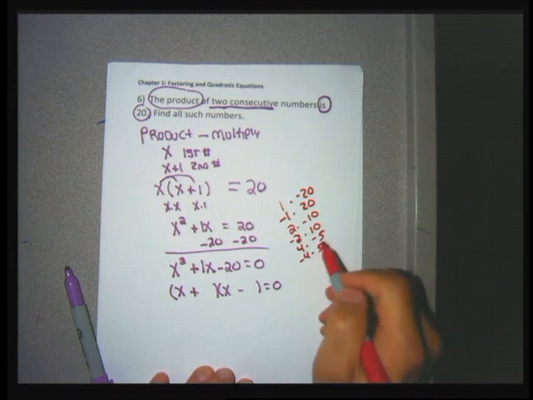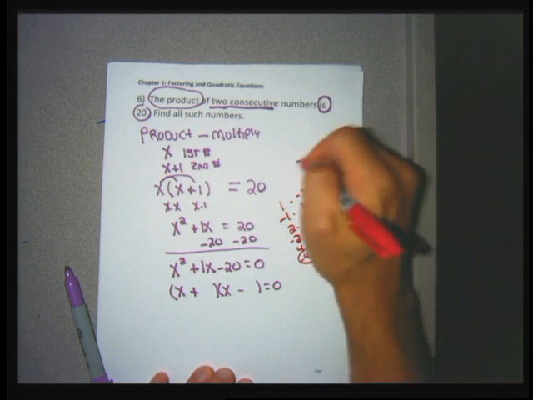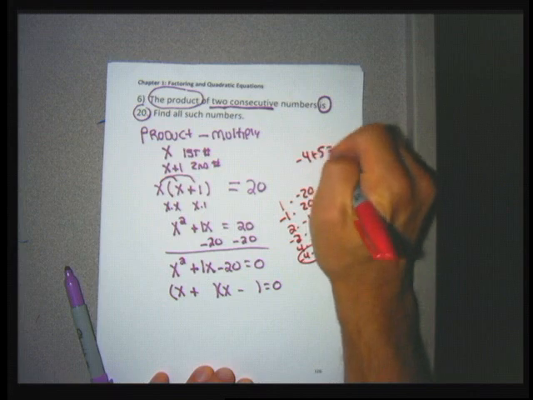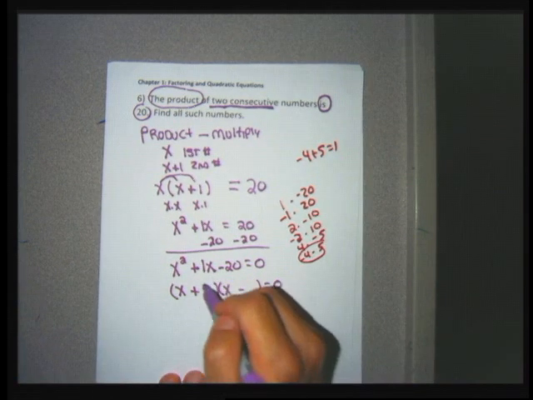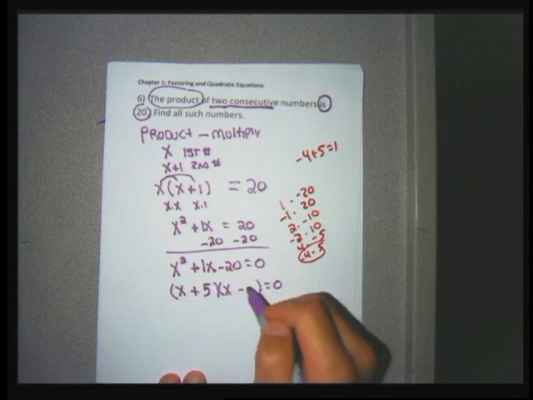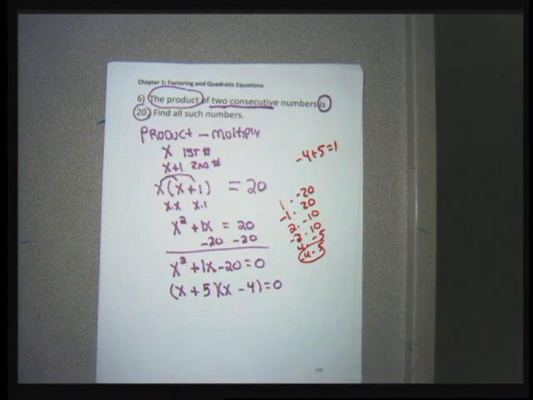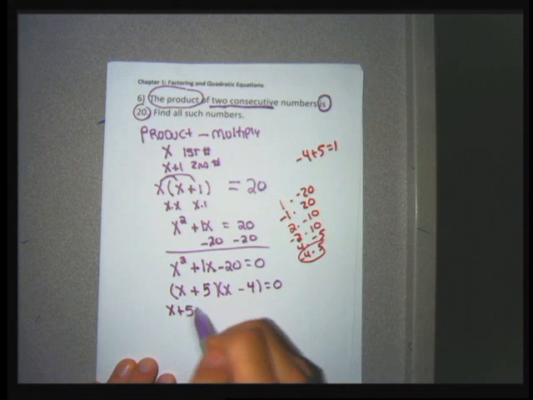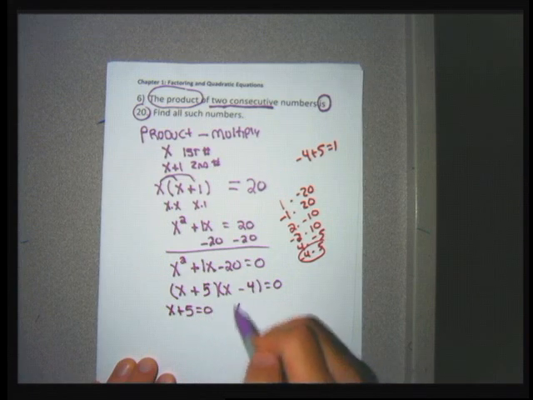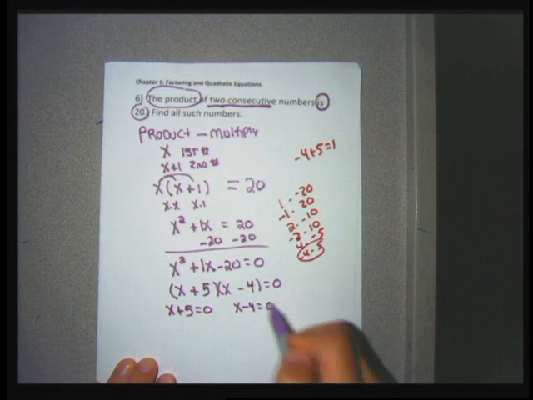The pair I'm going to need is this, because negative 4 plus 5 gives me a 1. So inside my parentheses, the one with the plus, I need a 5. The other one, the minus, goes with the 4. And now I'm going to go x plus 5 equal to 0 and x minus 4 equal to 0.